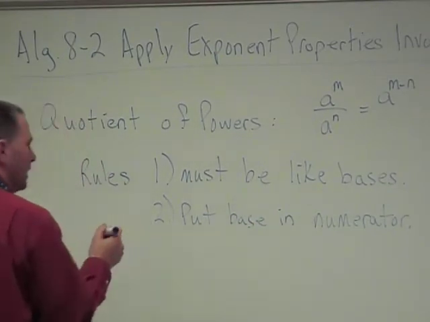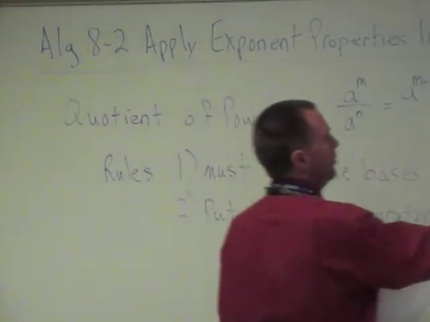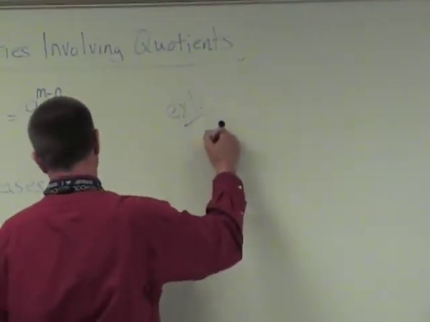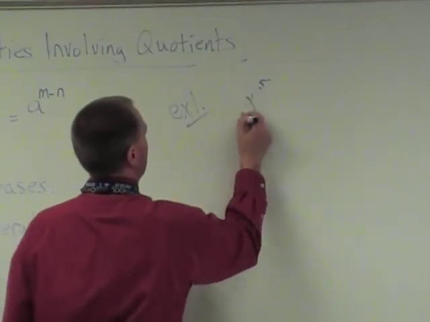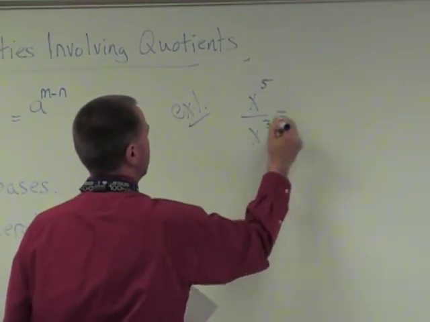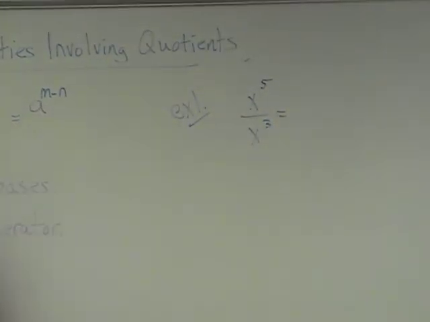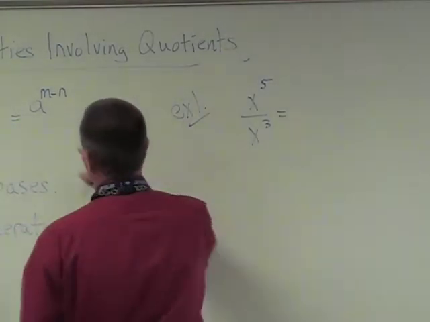Let's do example 1 right here: x to the 5th over x cubed. Here's what this rule says.